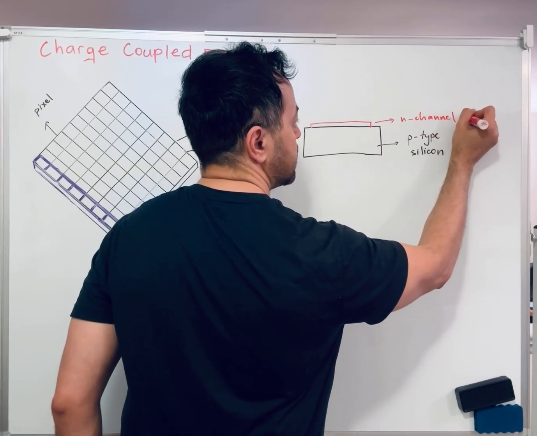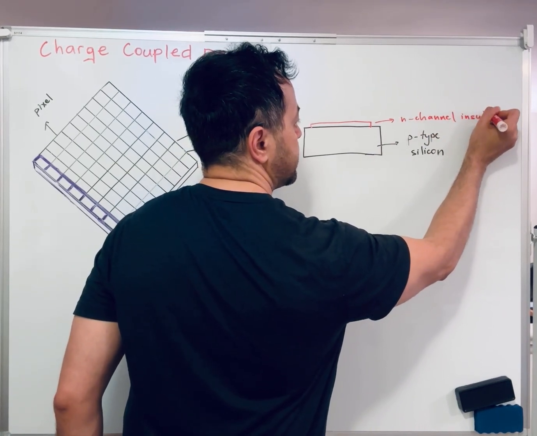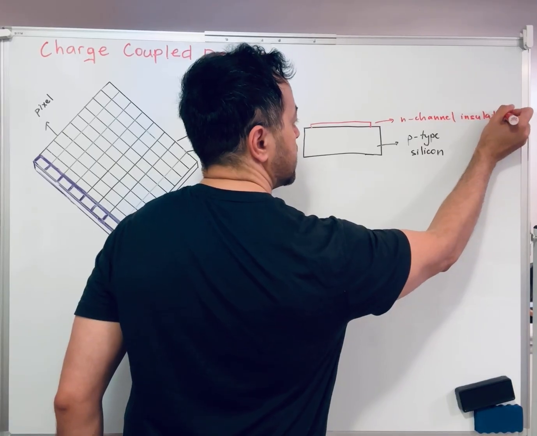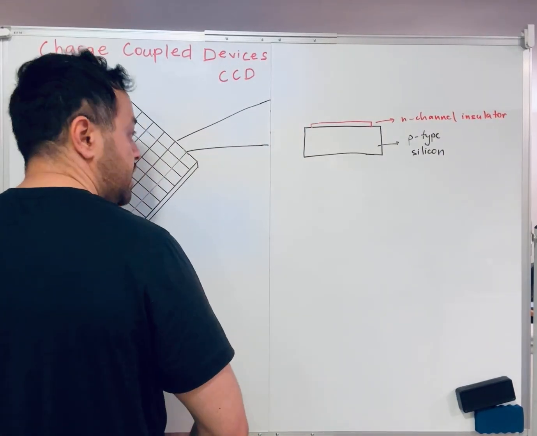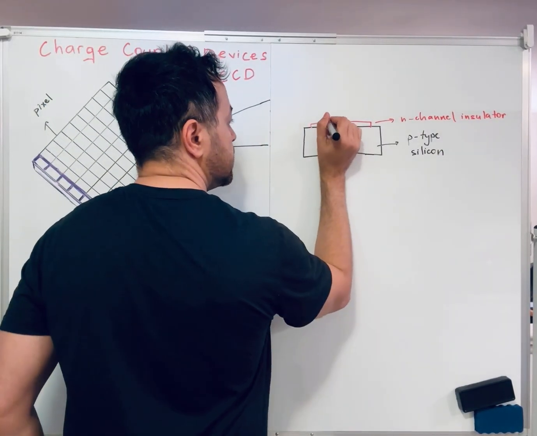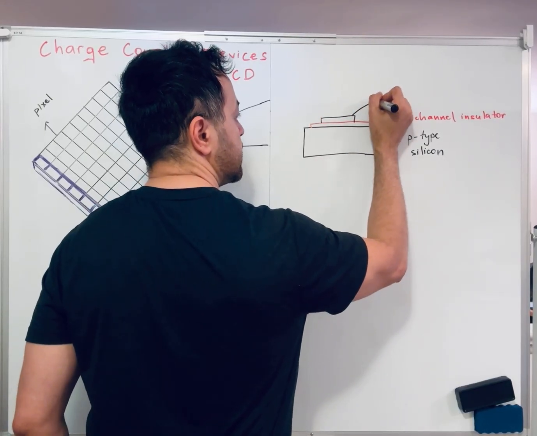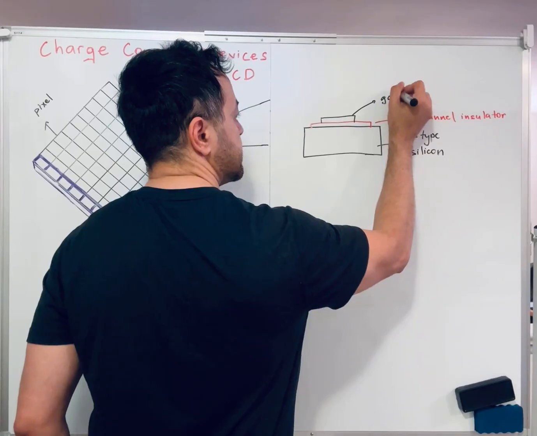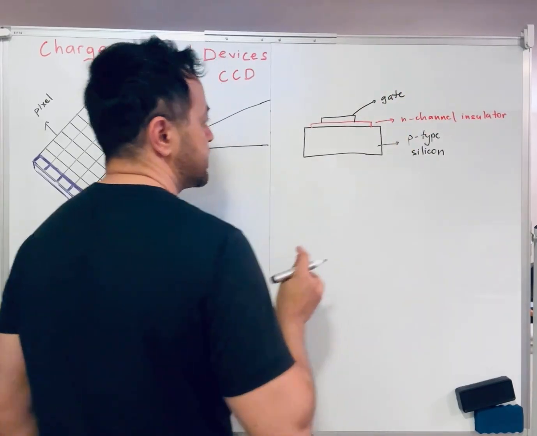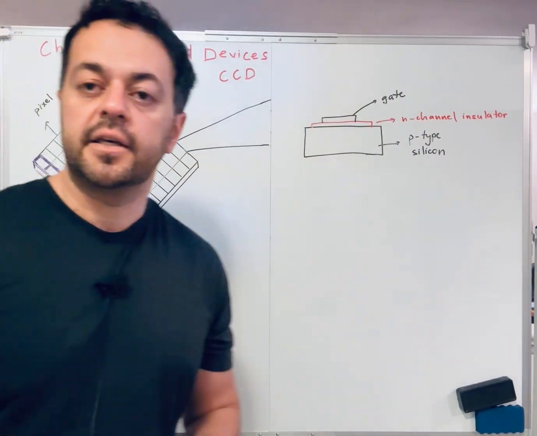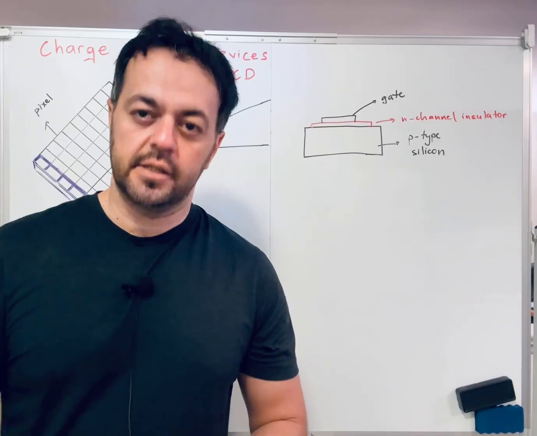I'm just going to write it in singular form: gate. The gates are made of polysilicon.